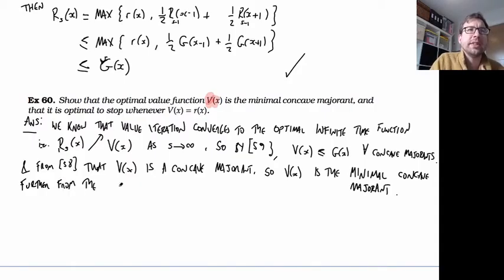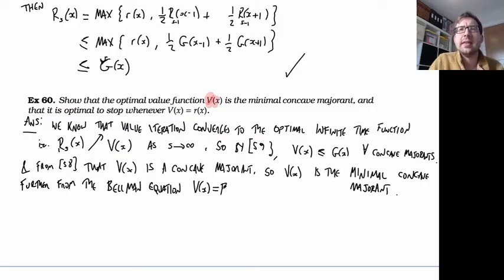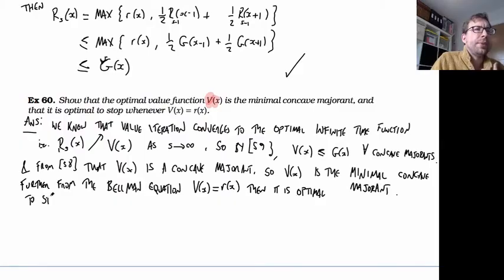Okay. Further, from the Bellman equation, we know that if v of x equals little r of x, then it is optimal to stop at x.